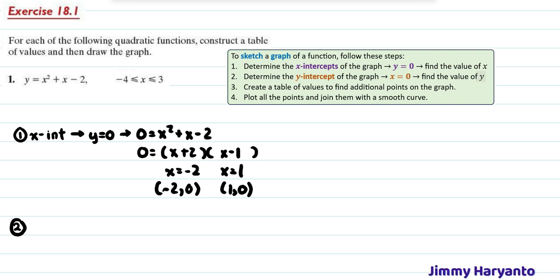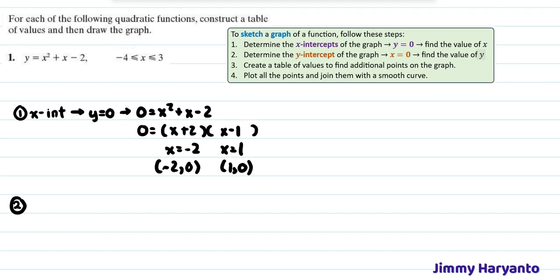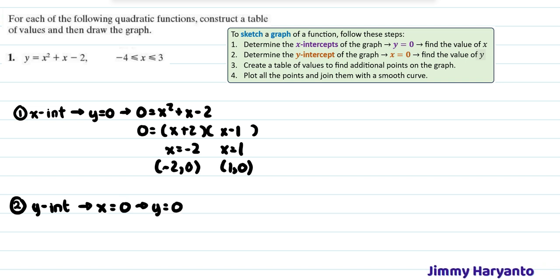So we have two x-intercepts, and then the y-intercept. For the y-intercept, that means x equals 0. Just input the 0 into the x like this, so you have y equals negative 2, that means 0, negative 2.